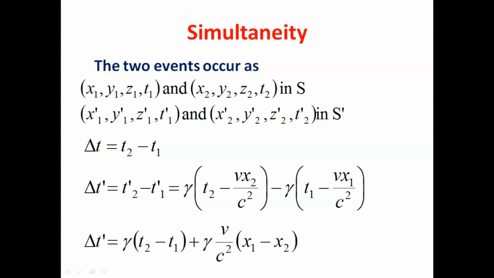So here we can work out the formula for delta t dash equal to gamma times t2 minus t1 plus gamma times v upon c square inside bracket x1 minus x2. I would advise students to pick up a piece of paper and really work out this.